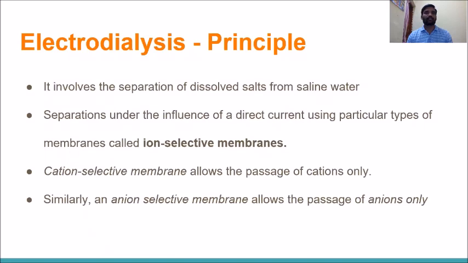This is another efficient technique used for the desalination of saline water. Here we are using ion selective membranes, which are permeable for only one kind of ion. For example, a cation selective membrane allows passage of cations only. Similarly, an anion selective membrane is permeable only to anions.